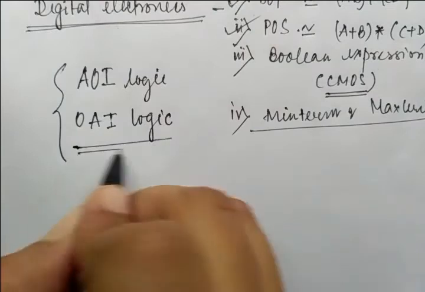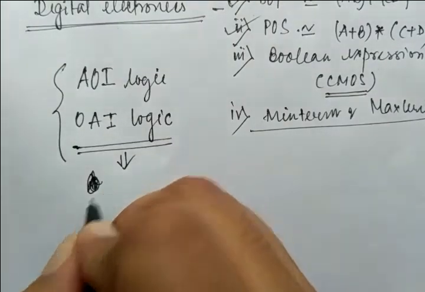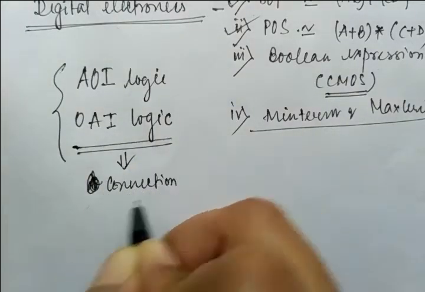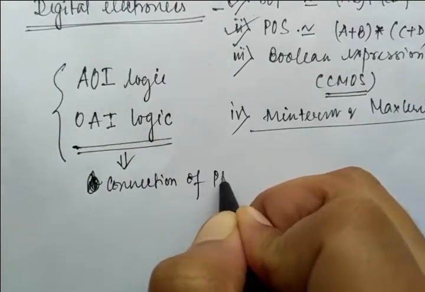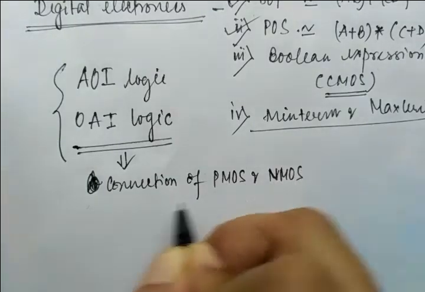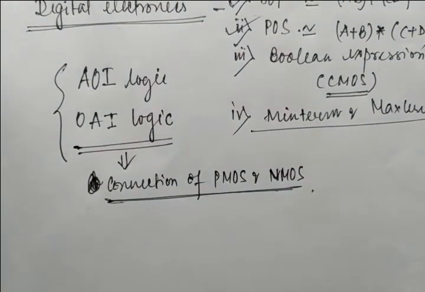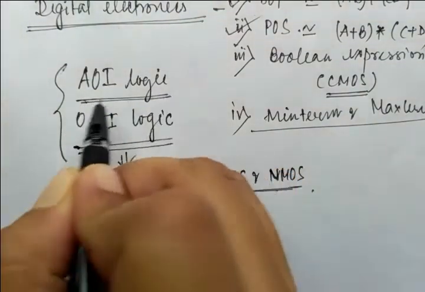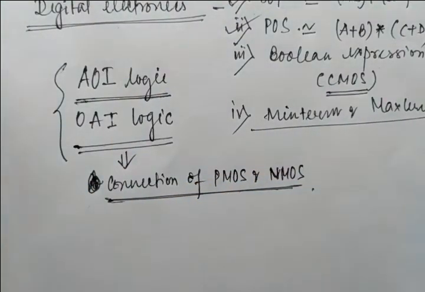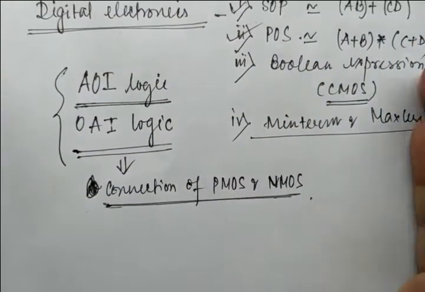This is nothing but, mostly I can say, related to the connection of PMOS and NMOS. It's a very basic portion that you have to know for designing, for connecting the NMOS and PMOS, whether they are connected in series or in parallel.